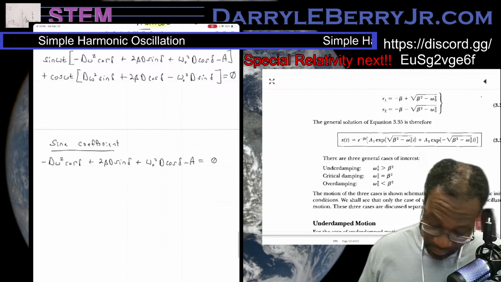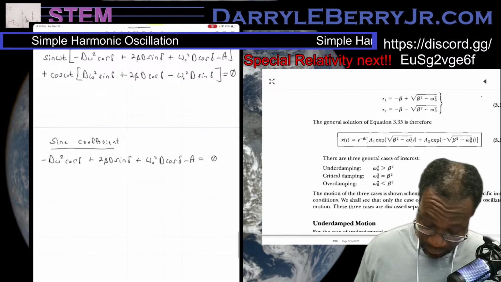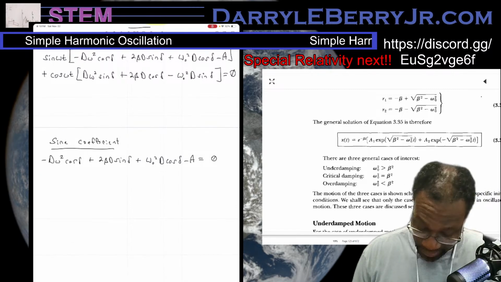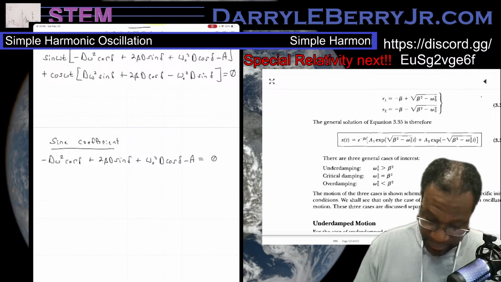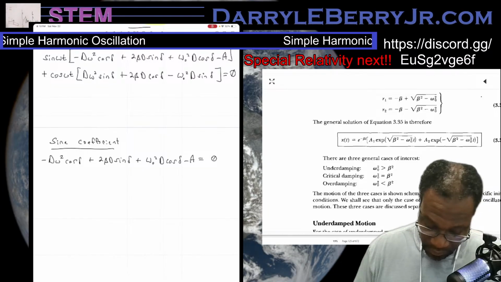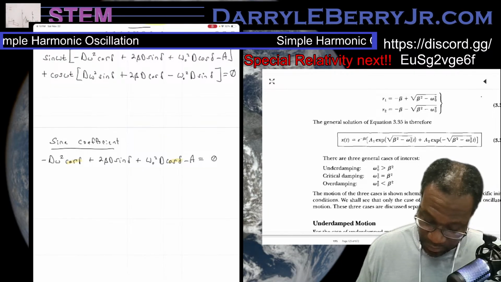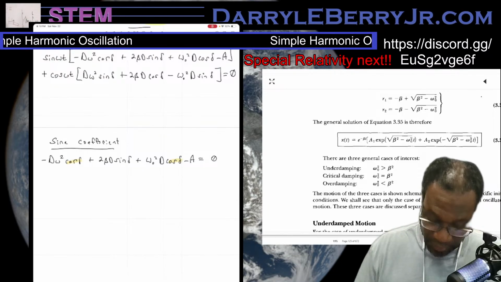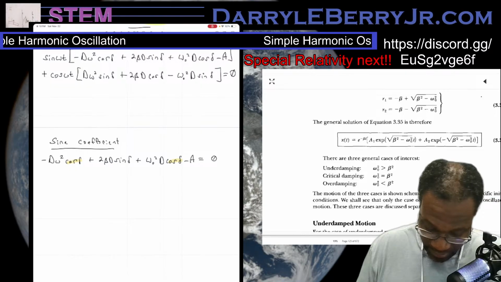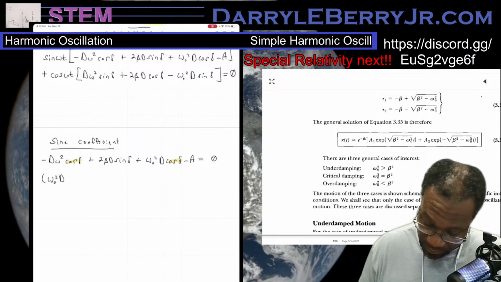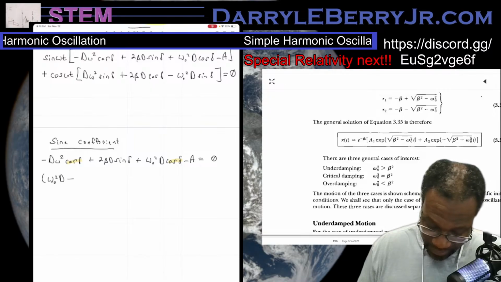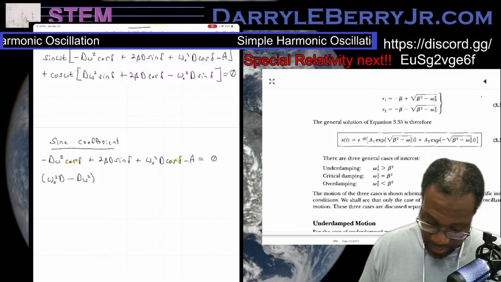Right? So some more algebra. We have a common factor of cosine delta on both of these right here. So this can be omega naught squared d minus d omega squared, cosine delta.